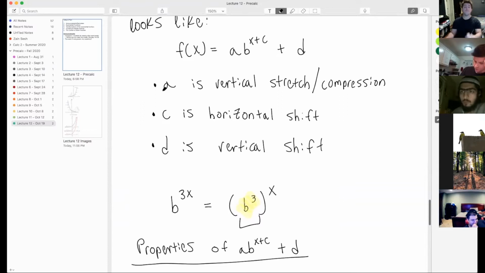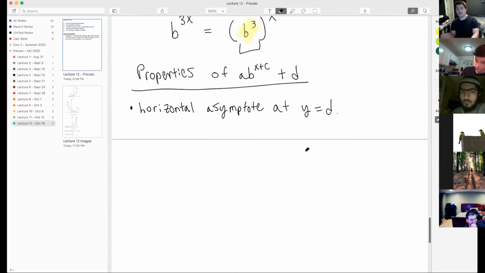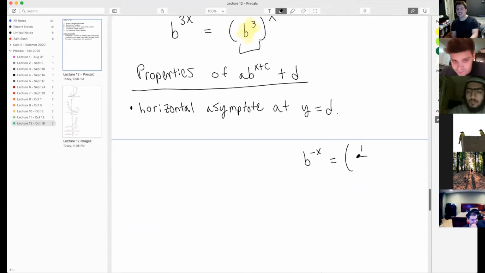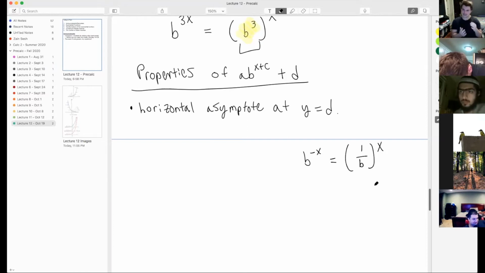But if you do a times b to the -x, that would be a reflection about the y-axis. Again, use your properties of exponents. You're just changing the base. So you don't need to worry too much about horizontal things because it just gets absorbed into the base. That's a nice thing about these exponentials.